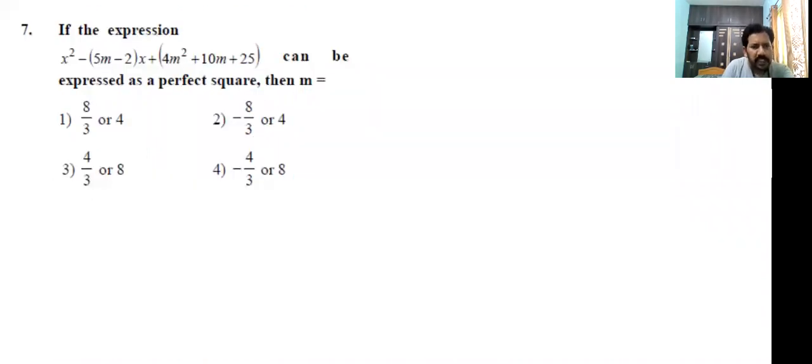If the expression can be expressed as a perfect square. The given expression is a perfect square means, then what are the conditions? For suppose, see here, f of x. I am taking a perfect square. For suppose x minus 1 whole square. It is a perfect square or not? Expand: x square minus 2x plus 1.